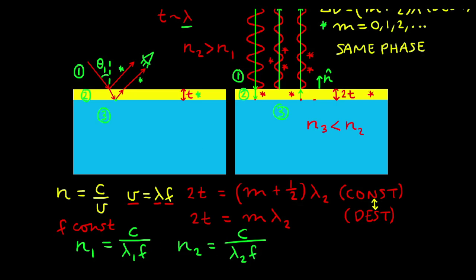So in this case we have our incident medium and the thin film medium. So if we turn these around for the frequency, we get the frequency of light is equal to n1 lambda 1 on the speed of light. And in this second equation, we get the refractive index of the thin film by the wavelength of light in the thin film on the speed of light. And therefore the speed of light cancels from this equation.